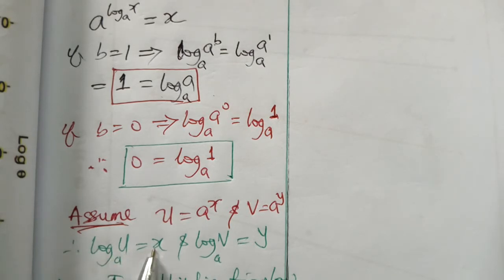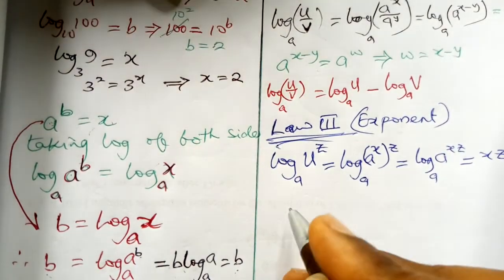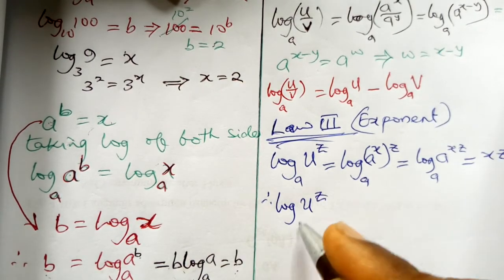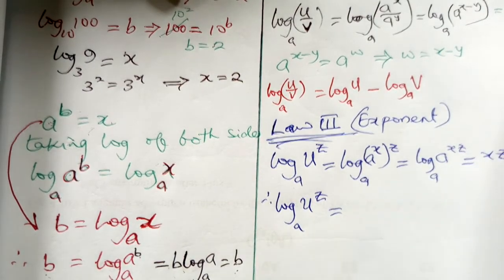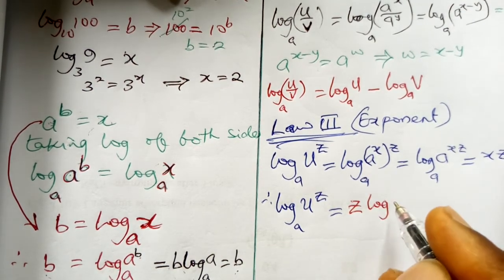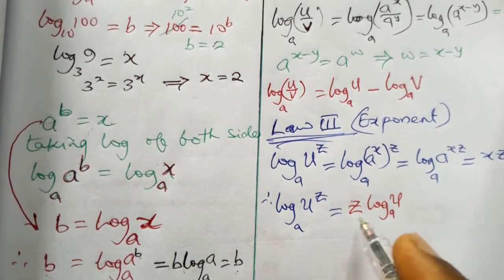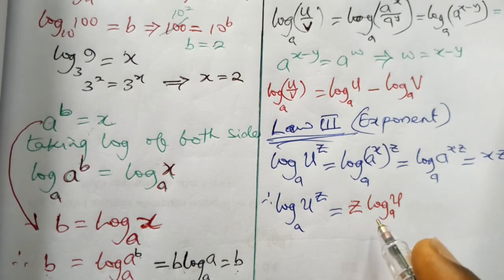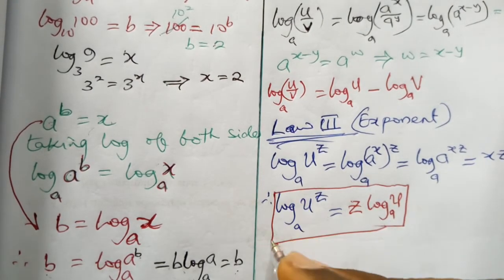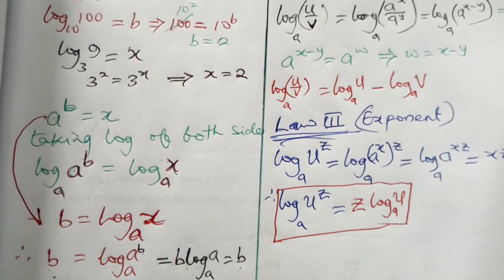So we are going to substitute log u base a into that place, and if we substitute it, we will have that therefore log u^z base a is equal to z log u base a. That's an important property of logarithm.